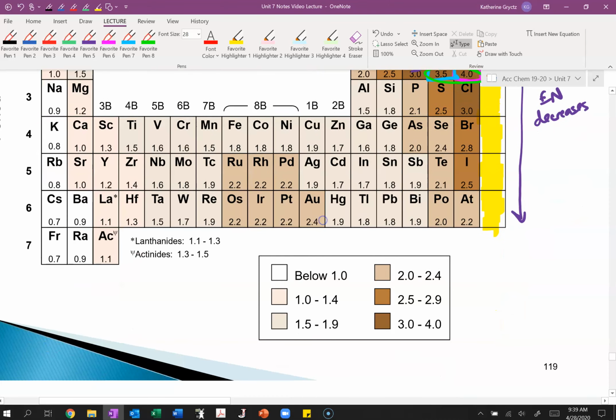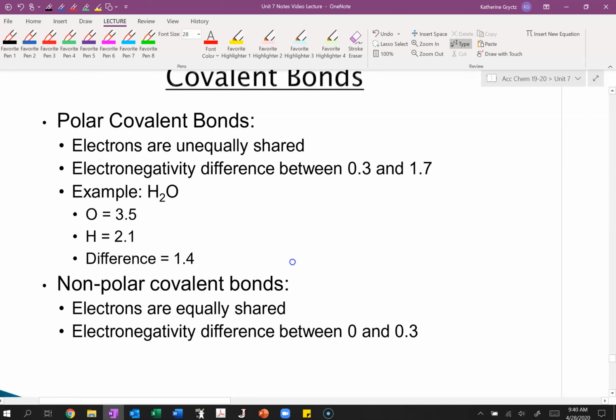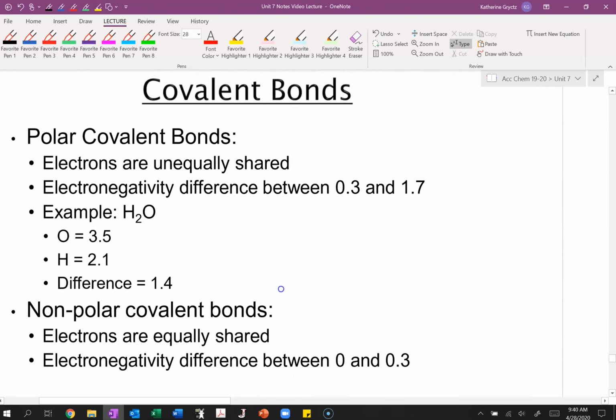And so we have made up definitions of types of bonds based on the electronegativity differences. Okay, so I do want you to consider this all a tug of war. Okay, so if you had a tug of war between something that was very strong and then something that was very weak, and you asked them to pull on a rope.